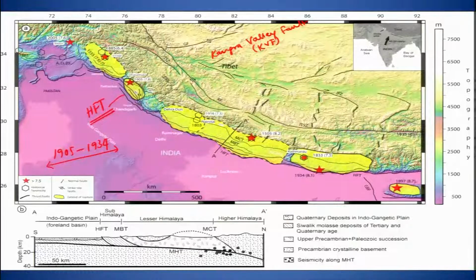It will not be between 1905 and 1934, because 1934, as per the recent research, suggests clearly that the earthquake was hosted by the Himalayan frontal thrust, or the slip came right up to the Himalayan frontal thrust, whereas in the case of 1905 Kangra, it was triggered along the KVF. So this type of research or investigation is extremely important to understand the future scenario in terms of earthquake hazard.